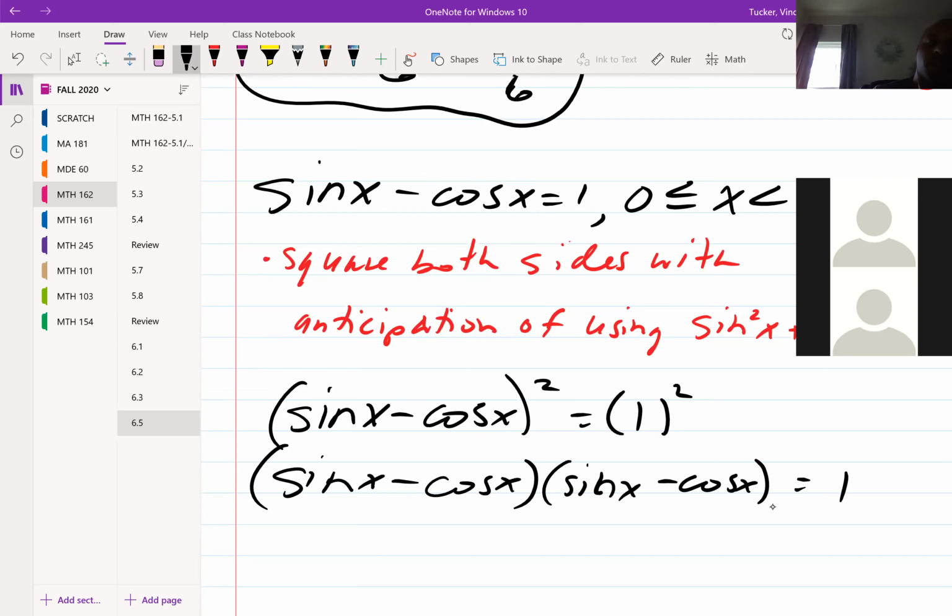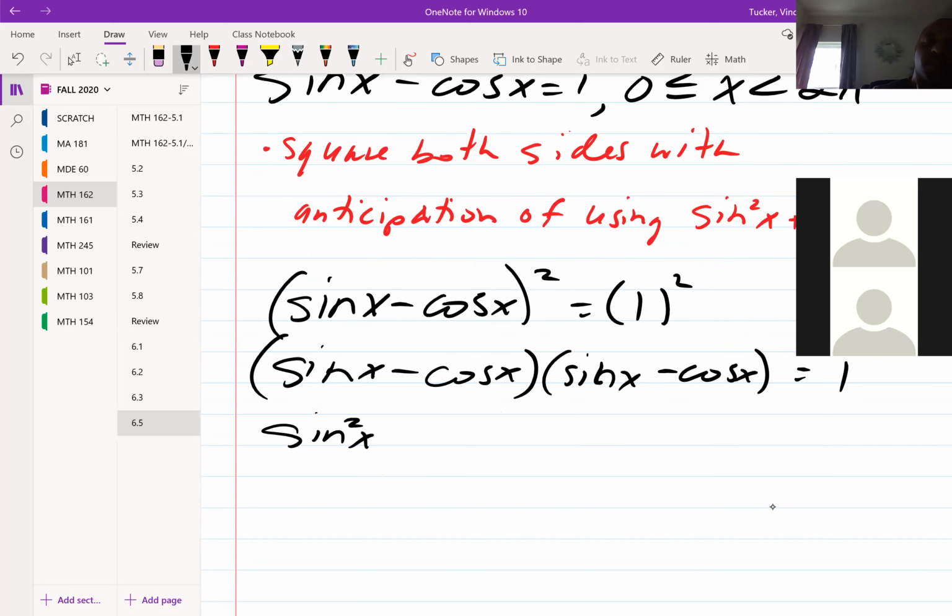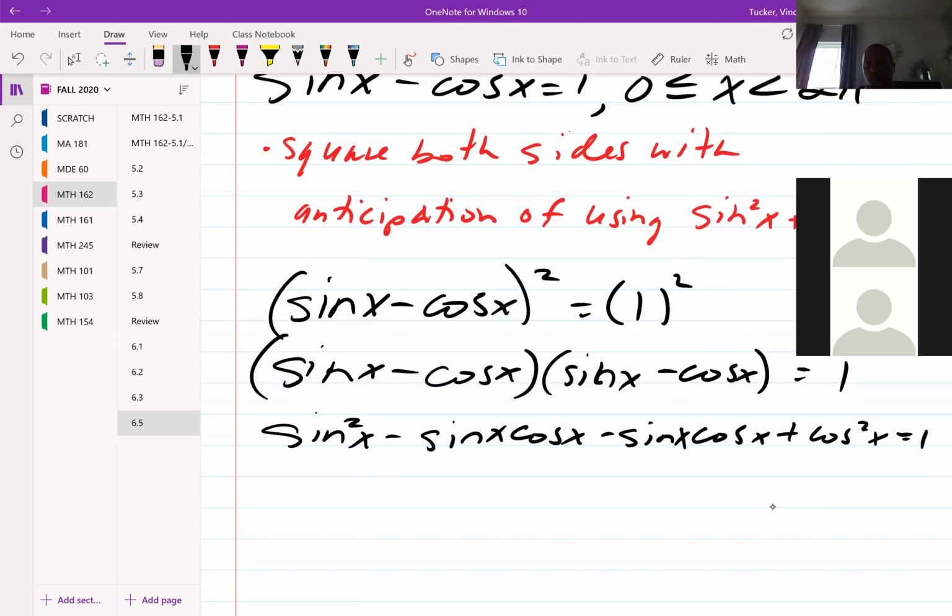Sine times sine is sine squared, minus sine cosine, minus sine cosine, plus cosine squared equal to 1.